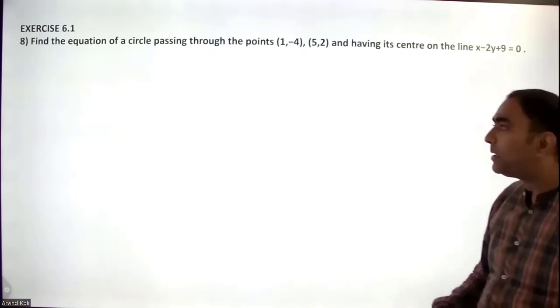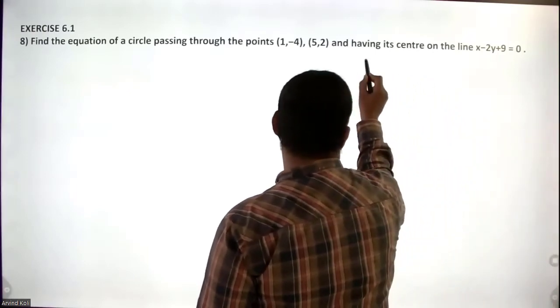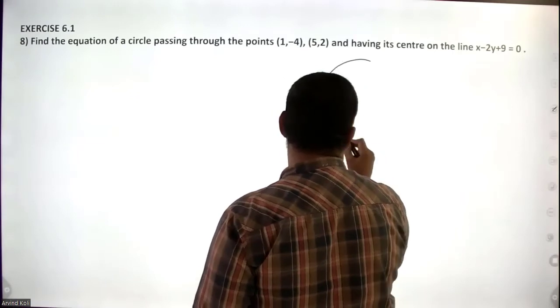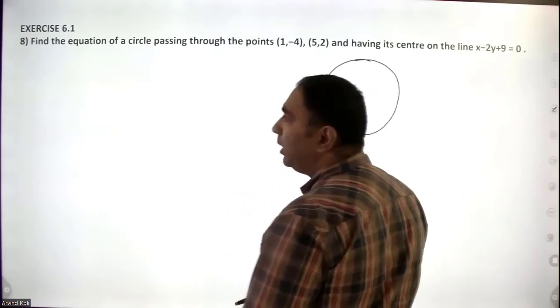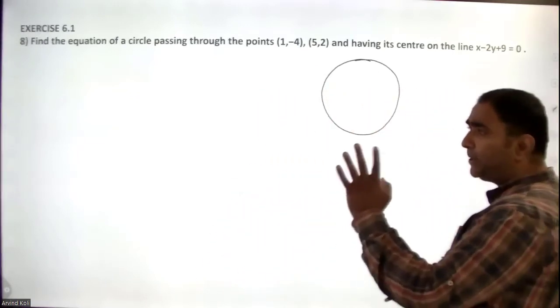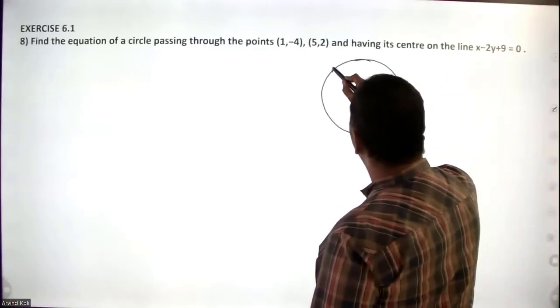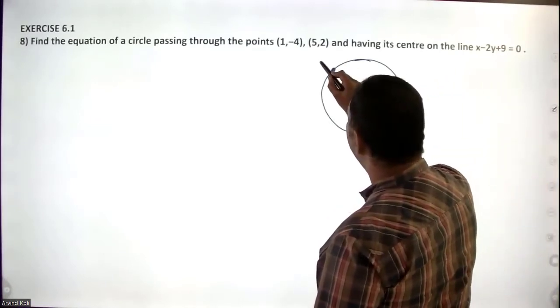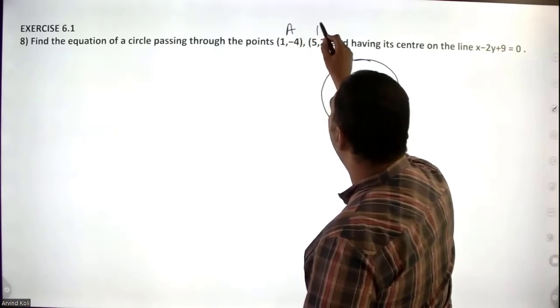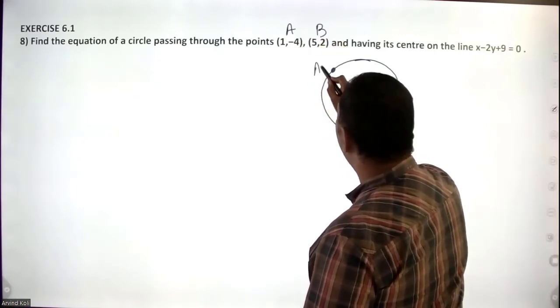तो सबसे पहले ना इसका फिगर समझते हैं. That is, there is a beautiful circle which is passing through the points. That is, this is the first point. इसको नाम देते हैं A, इसको बोलते हैं B. So इसको A बोलते हैं.